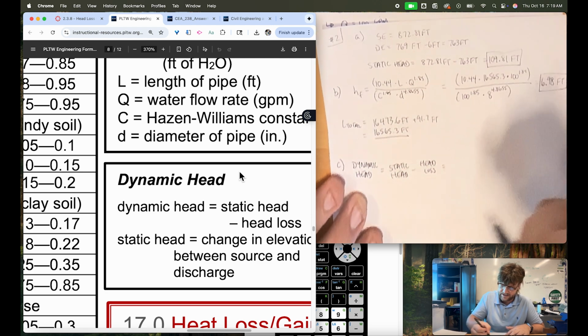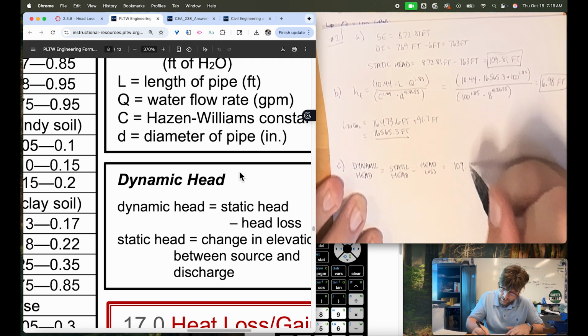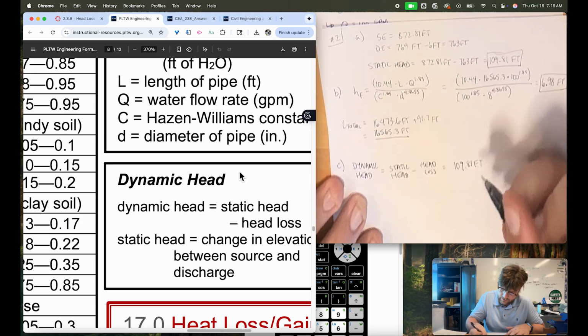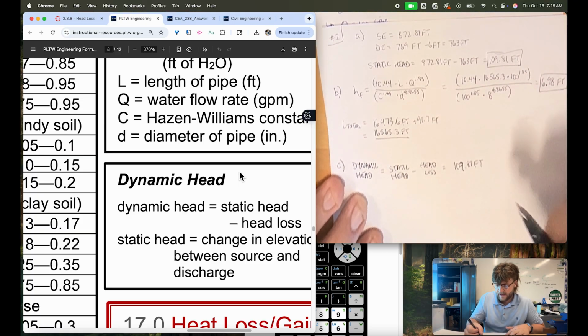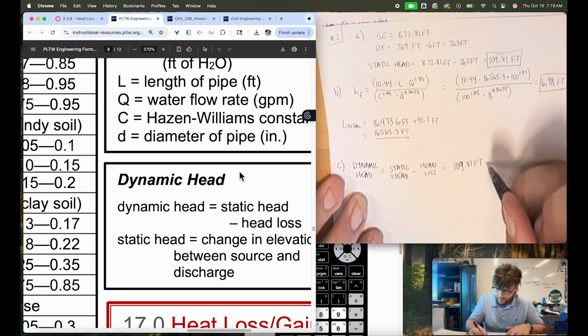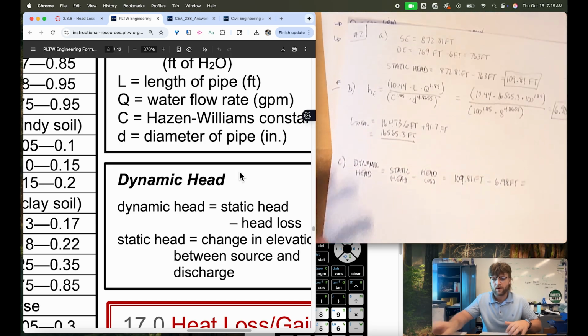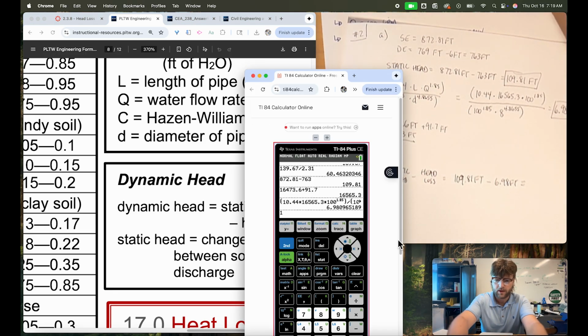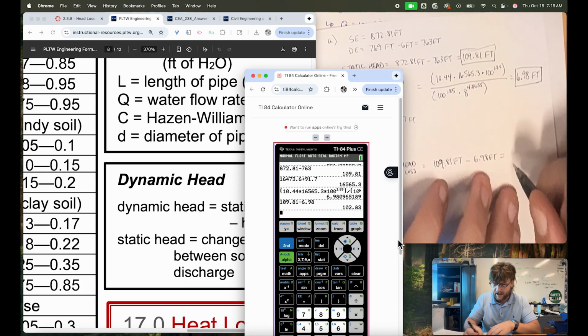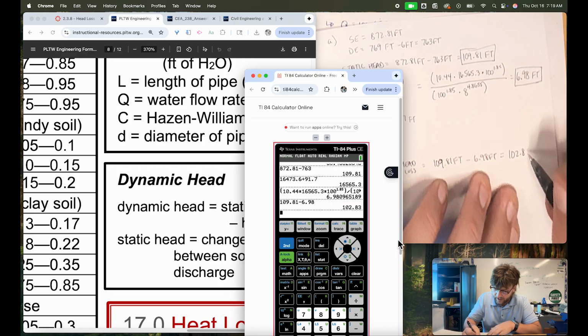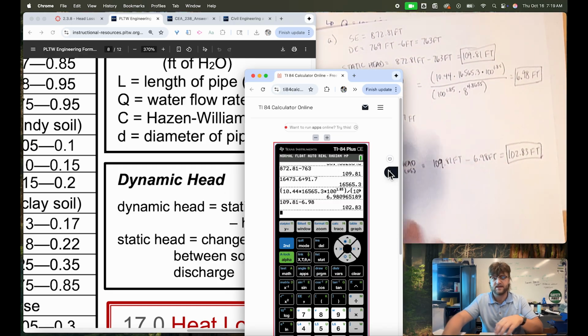So in this case, it's 109.81 feet. Let me be careful with that. 109.81 feet minus 6.98 feet. And so what we're going to end up with here, 109.81 minus 6.98, we're going to end up with a dynamic head of 102.83 feet, and remember that is feet of water technically.